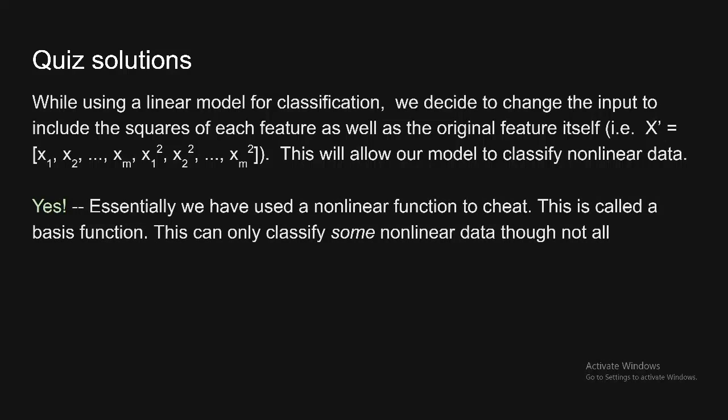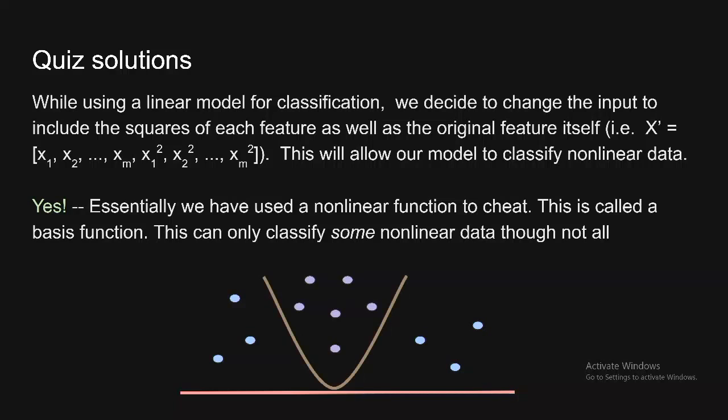To give a compelling example of it, we can have this data right here. It's a little bit hard to see the colors, but that middle clump right there is all purple, and the other ones are blue. If we imagine that right in the center is x equals 0, so this is a one-dimensional input, and we have weights of 0 on x and 1 on x squared, then our model would exactly look like a parabola.